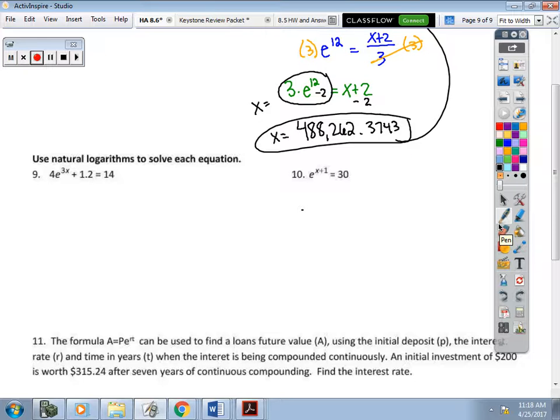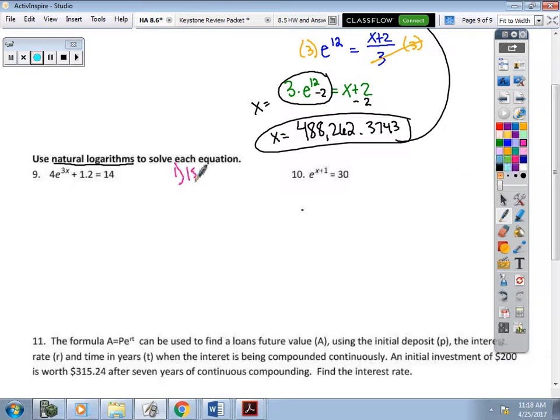All right, now the rest of the problems are not natural logs, they're exponentials. Okay, so just like we solved our exponentials yesterday, we would take the log of each side and then solve. We're going to do that again, but we're going to use the natural log. Okay, now before we do that, we do have to isolate the e to the x power.